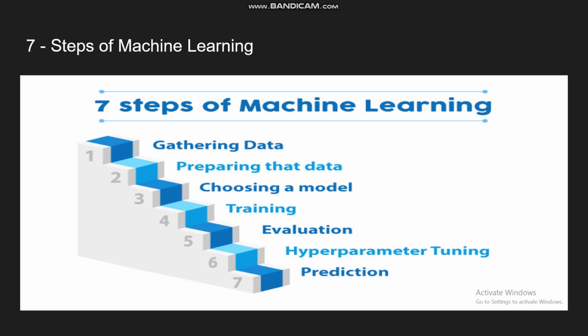The first step is the gathering of data. What do we mean by gathering of data? There are various sources: we can use GitHub, and we can use Kaggle, where there are so many competitions, and we can import the data from there. If you are working in a company, you can get the data with the help of web scraping.